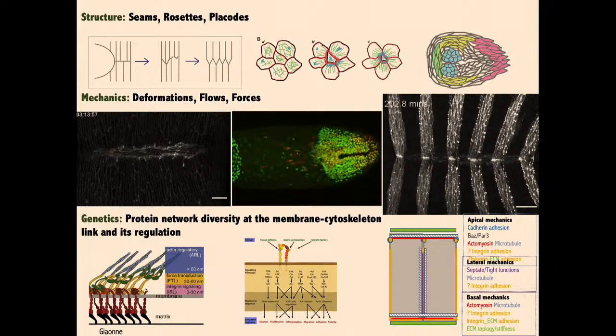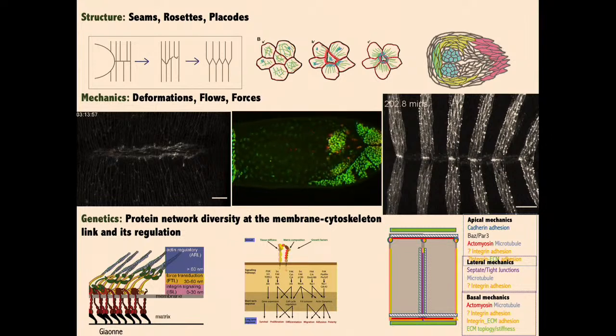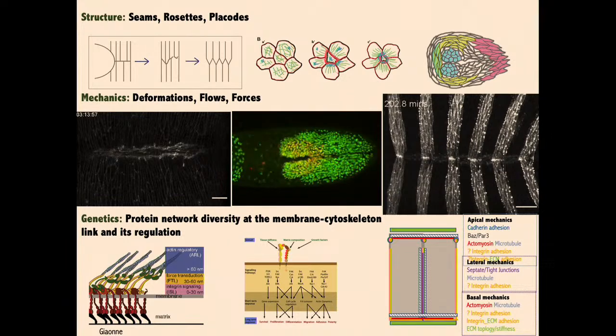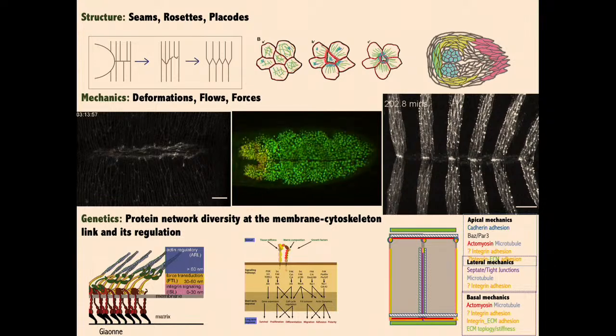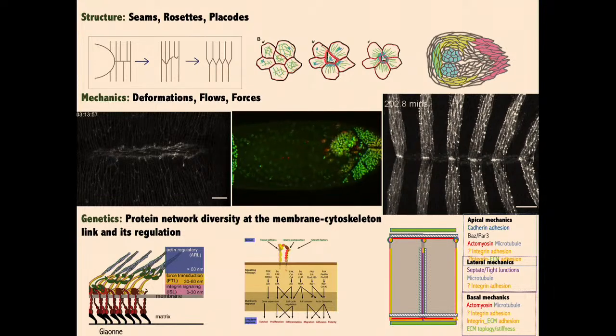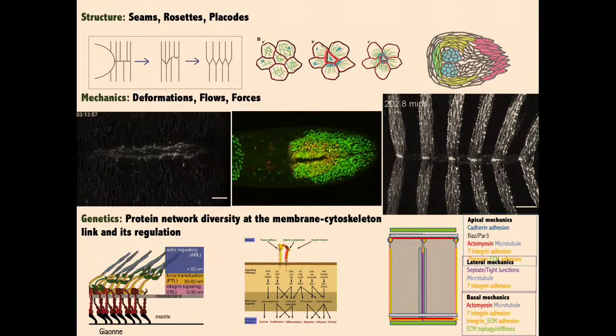From a genetics perspective, we're interested in understanding the network diversity of proteins that are present at the membrane cytoskeleton link, and we ask how is it differentially regulated to allow for different morphodynamic features. And we're also interested in the molecular basis for differences in the way the mechanical properties of cells differ at one end relative to the other.